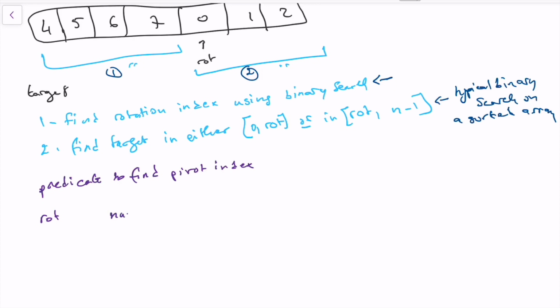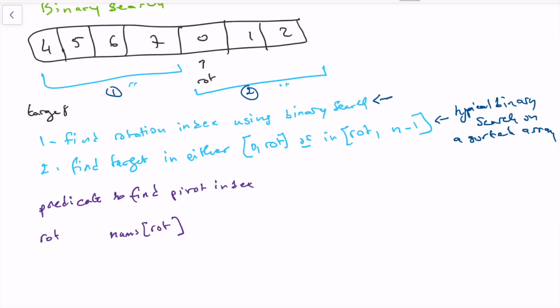So we know that the value at that position should be bigger or equal to 0, right? Sorry, it should be smaller than the first element, because that's where we are rotating.